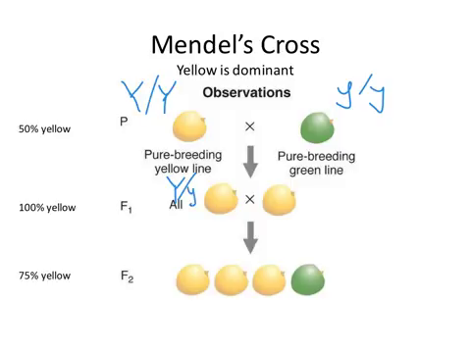So you have 2 heterozygotes. And then what are the genotypes of these F2s? There's a particular ratio. So this is a 3-to-1 phenotype ratio. There are 3 yellow peas to every green pea. And inside that, there's a 1-to-2-to-1 ratio of genotypes.